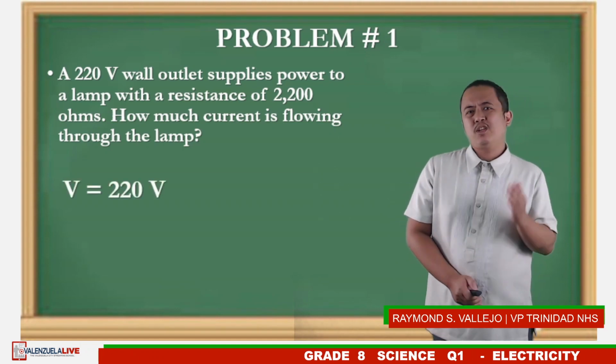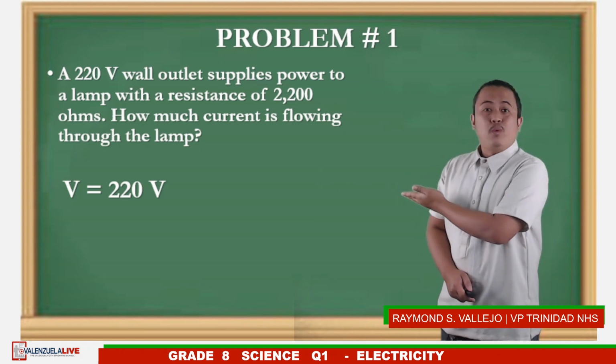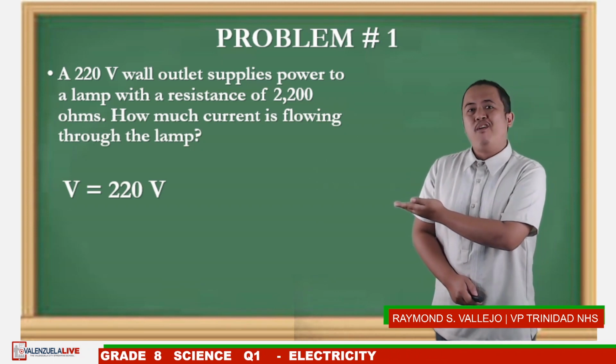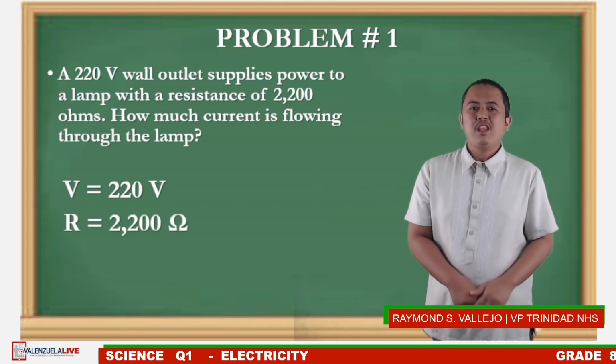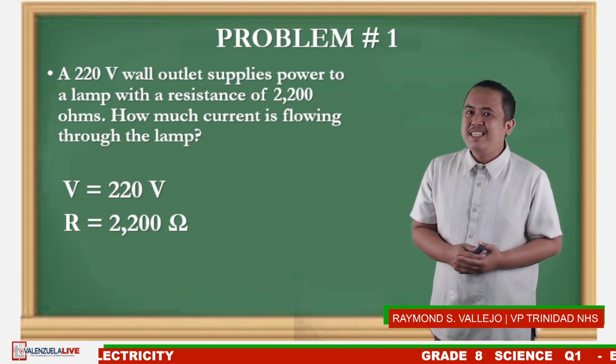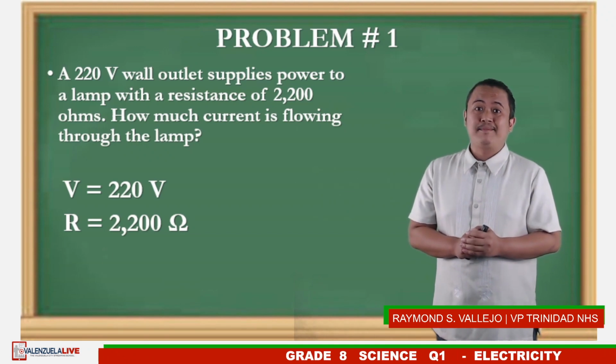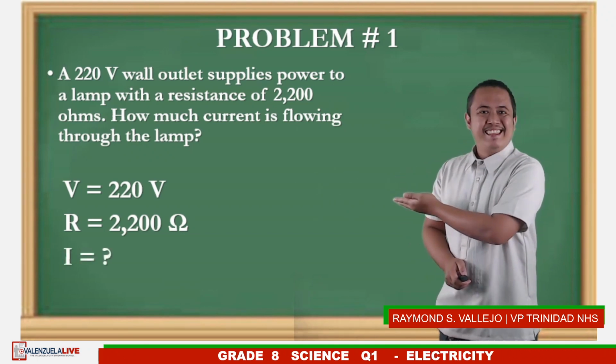So the quantities for this problem are the following. First, 220 volts, which represents voltage, and 2,200 ohms, which represents resistance. The value to be computed is the current.